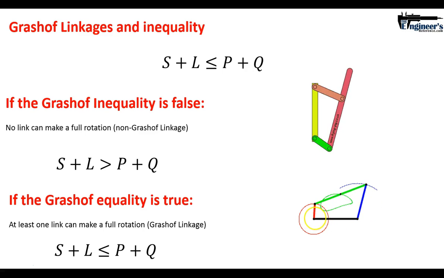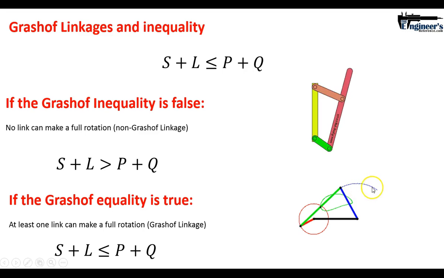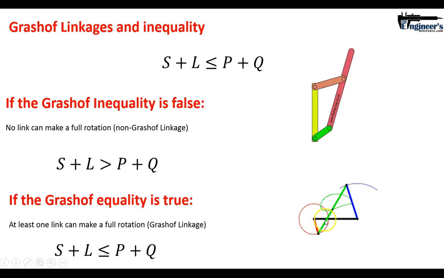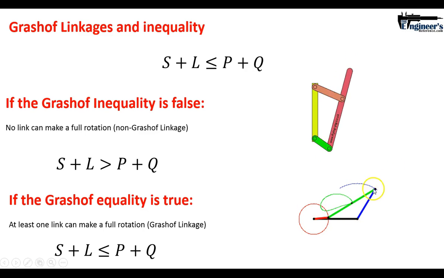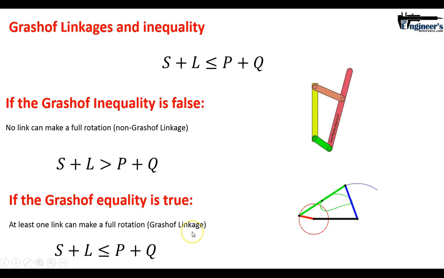And if you look at this lower animation, doesn't this look a lot like how a windshield wiper works? You have something that rotates, probably with the shortest link underneath the hood of the car, and up here where the wiper blade would be, you're swinging back and forth. This is the cleaning motion of a windshield wiper. It's a Grashof linkage, a 4-bar linkage.